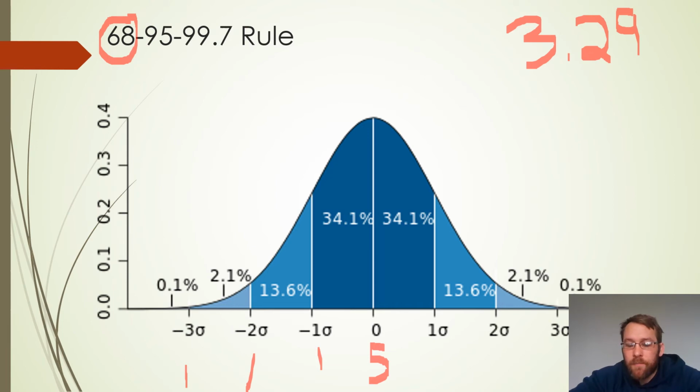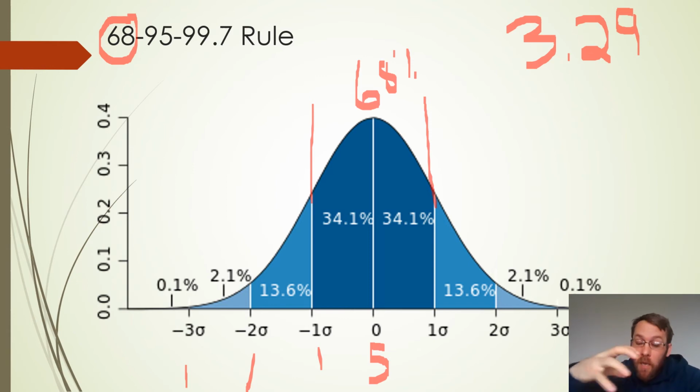When I make a bell curve, the reason I make a bell curve is because I want to predict with some sort of accuracy what future numbers are going to look like. The way a standard normal bell curve looks is that within 1 standard deviation, I can predict with 68% accuracy that 68% of all the new numbers that come into my data set are going to fall within 1 standard deviation.